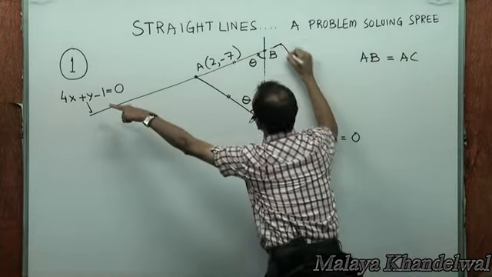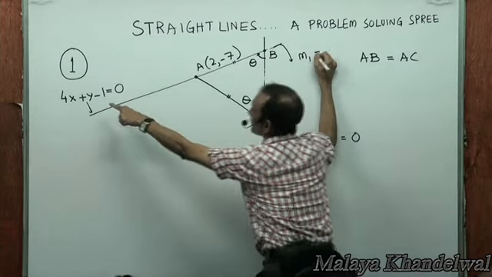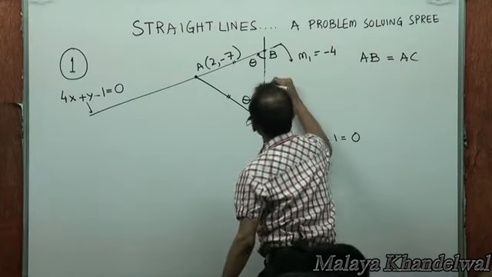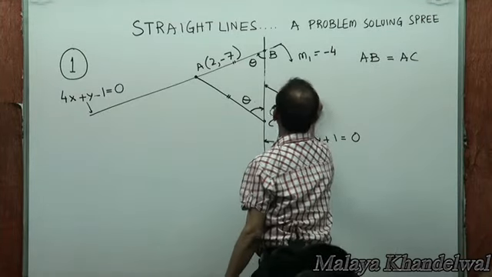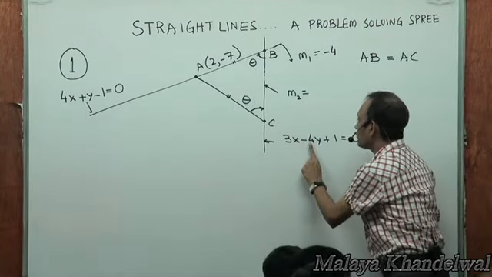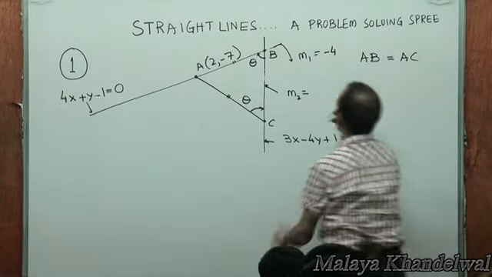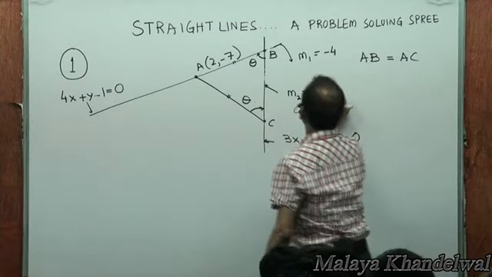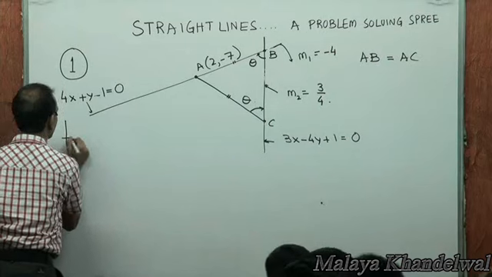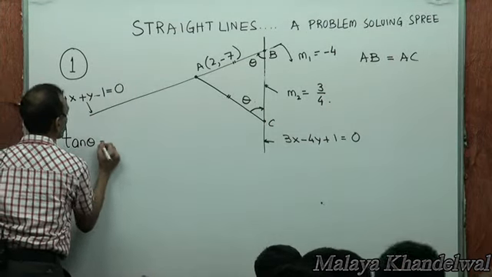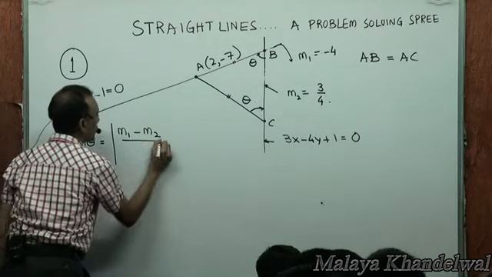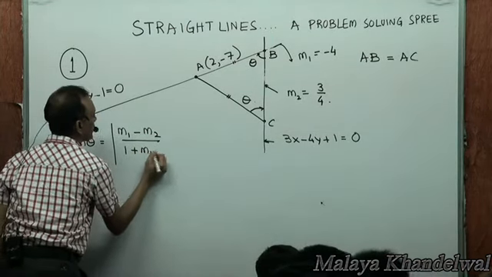Realize that the slope of this line, m1, y equal to minus 4x, so minus 4, right? The slope of this line, m2, 4y is 3x, etc. So, 3 by 4. And can I find tan theta from this? Tan theta would be mod of m1 minus m2 divided by 1 plus m1 m2.